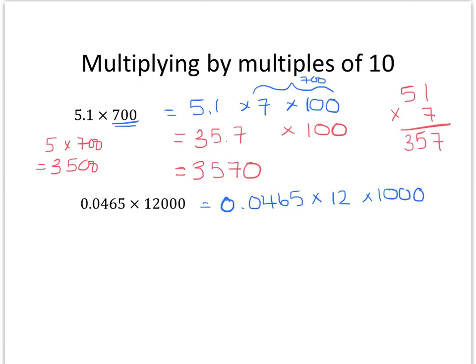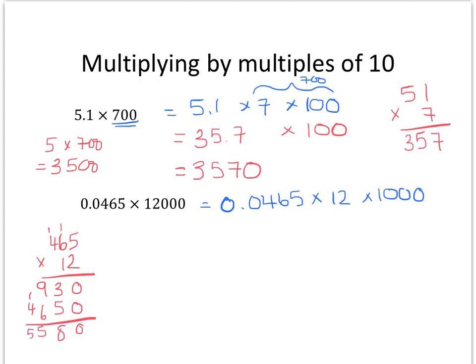So let's just make that 465 times 12. And I'll do that quickly here. 2 times 5 is 10, 2 times 6 is 12, add 1 is 13, 2 times 4 is 8, add 1 is 9, put in my 0, 1 times 5 is 5, 1 times 6 is 6, 1 times 4 is 4, add my numbers together.